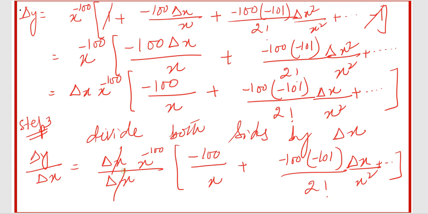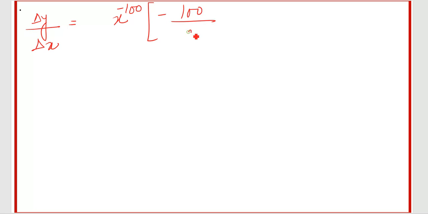This delta x will cancel this. So we have left on left hand side delta y over delta x, which is equal to x raised to power minus 100. In parentheses we have minus 100 over x plus minus 100 minus 101 divided by 2 factorial delta x over x square plus so on.